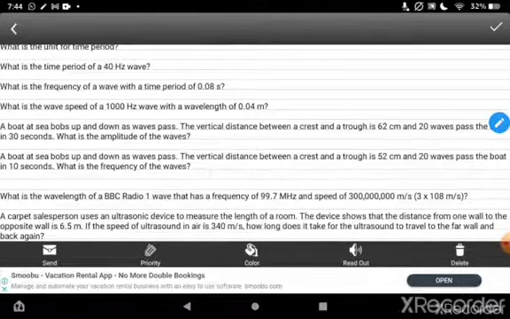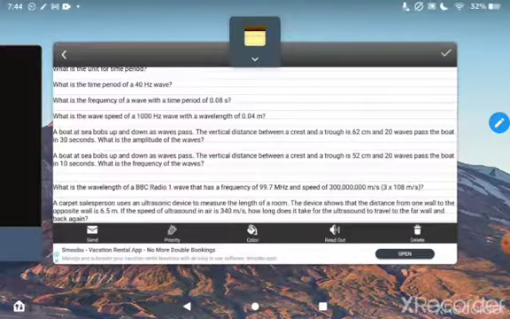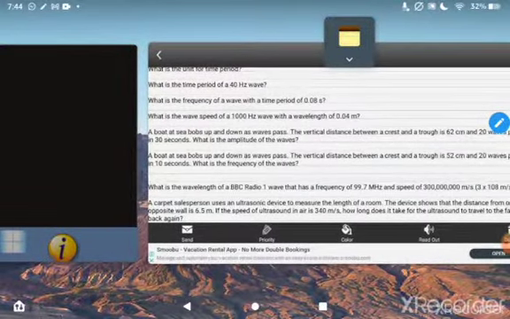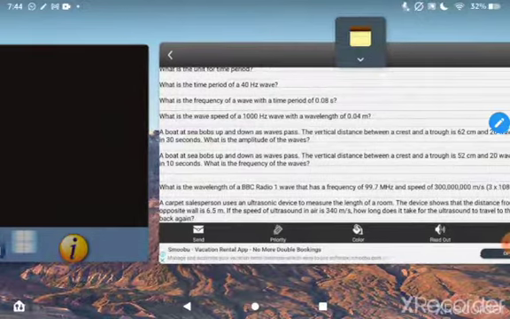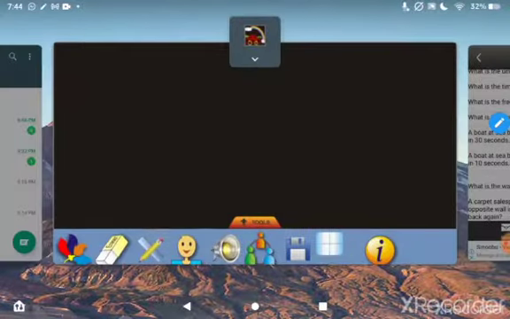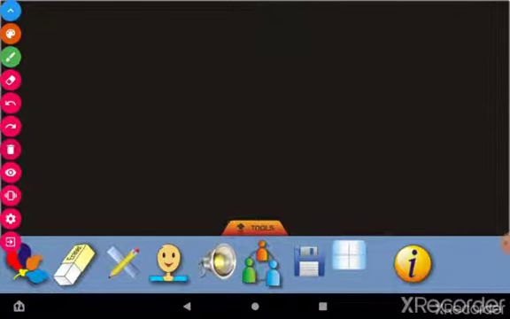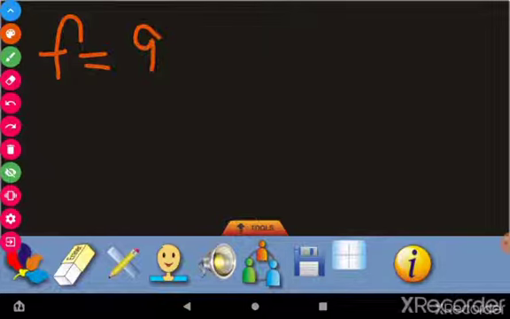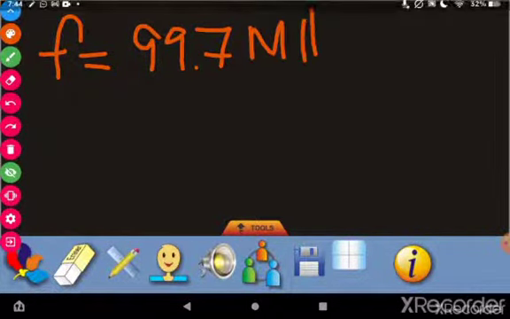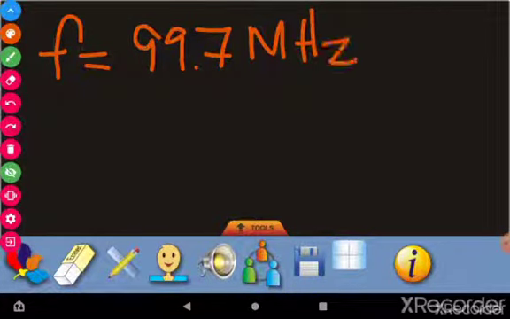What we have here, we have the speed, the frequency, but we don't have the wavelength. So let me quickly write down what we have. We have the frequency. The frequency is equal to 99.7 megahertz. And if you remember your prefixes, mega would be 10 to the 6.